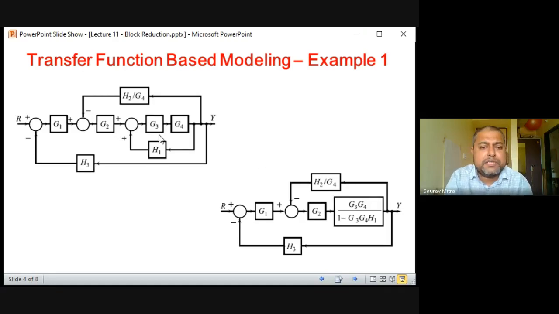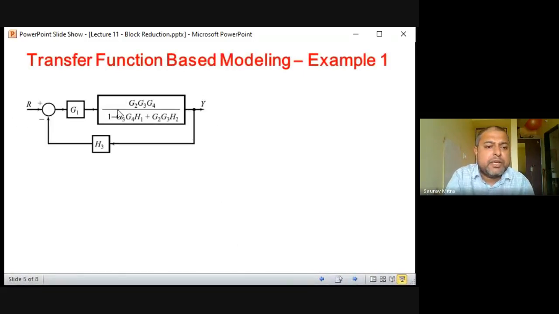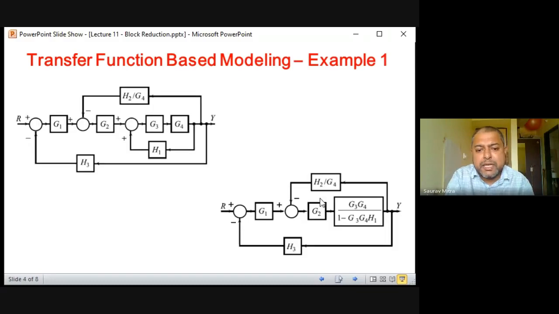So first we solved the G3 G4 H1 loop, and now it is opened, and it gets multiplied with G2. Now this whole thing is the forward gain G, and H2 by G4 with negative feedback is the loop that you have to solve next, and you have done that. So it is G2 G3 G4 divided by 1 minus G3 G4 H1 plus, and this plus is coming because this loop is a negative feedback loop.